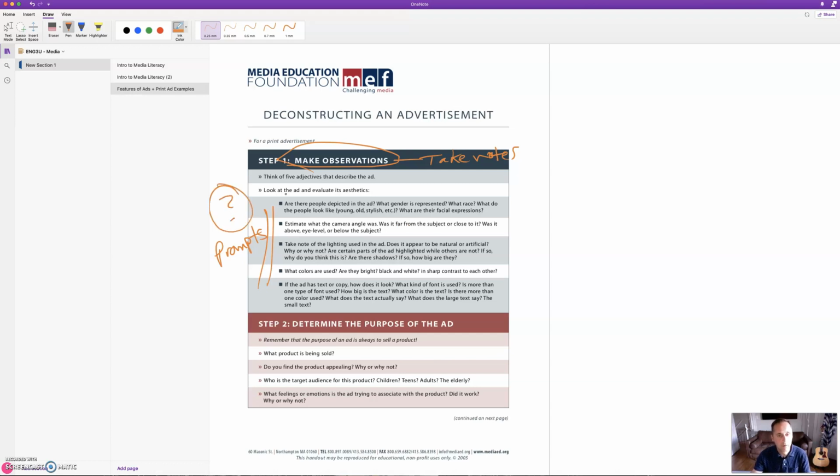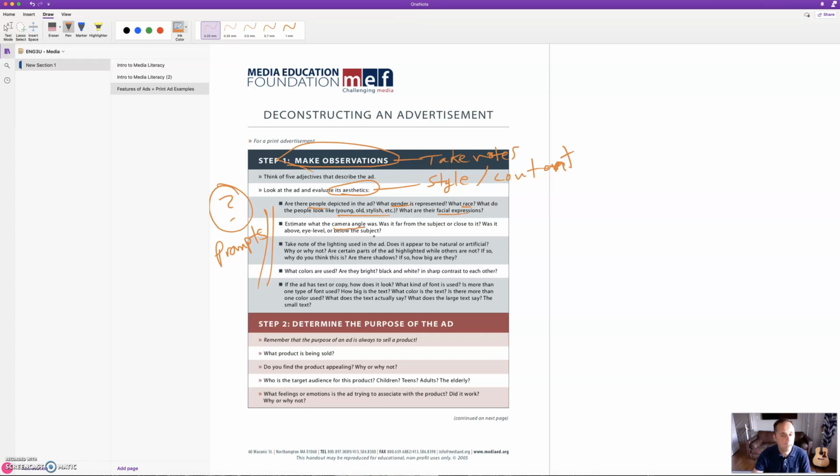Okay, so here are some question prompts. Evaluate the aesthetics. That's the style and the content of the ad. So you can think about, are there people in the ad? What genders are represented? Maybe it's race, maybe it's age, their style. What about their facial expressions?